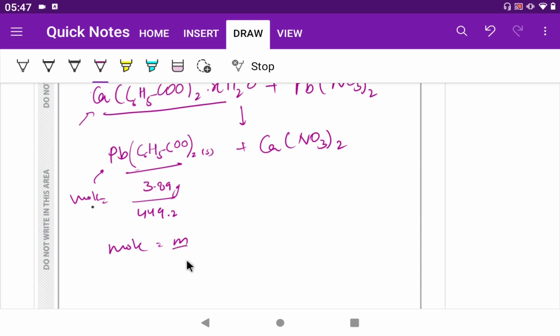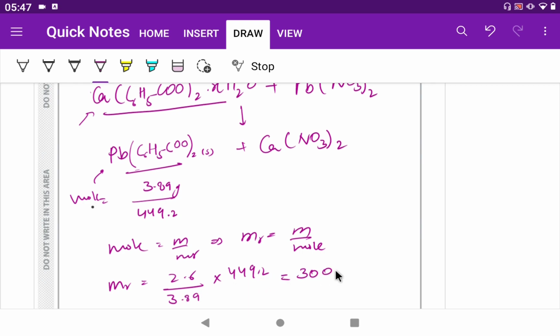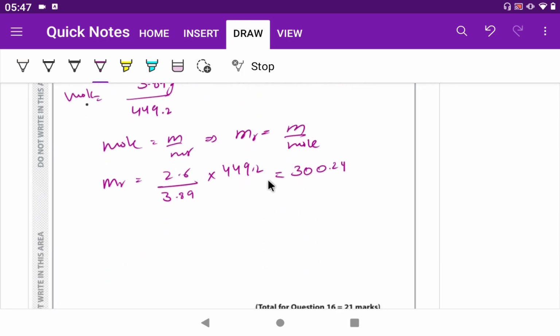Moles is mass divided by Mr, and I need to find out Mr. So Mr will be mass divided by number of moles. So Mr is 2.6 divided by 3.89 multiplied by 4. When we use the calculator, it comes around 300.24. So this is the molar mass of hydrated calcium benzoate.